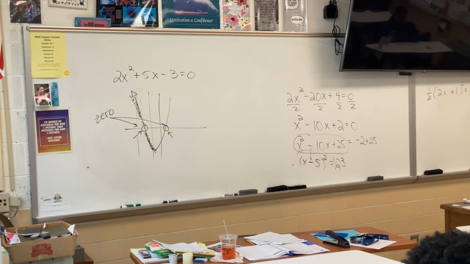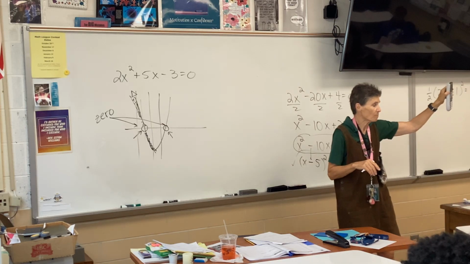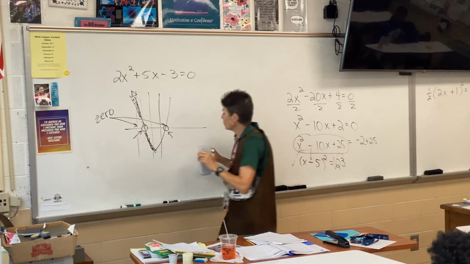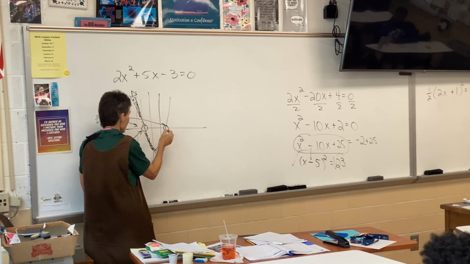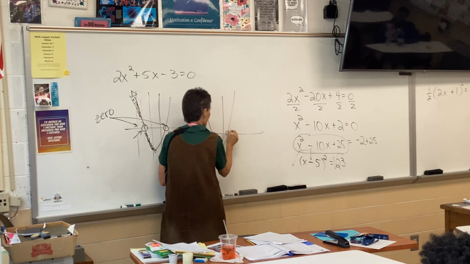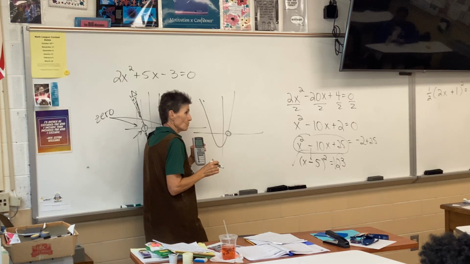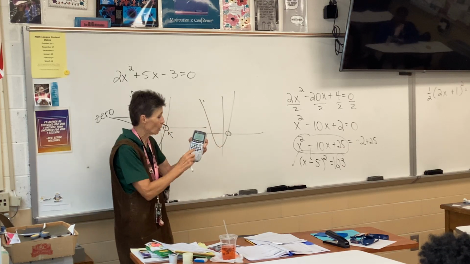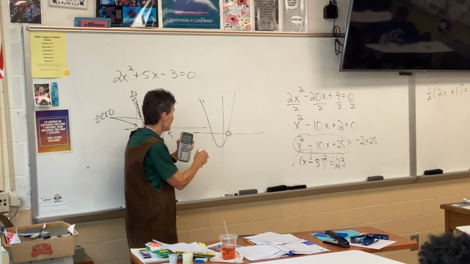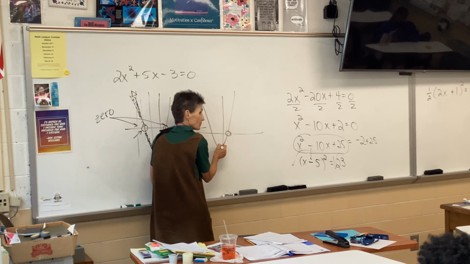Now, I have no idea where your cursor is, it doesn't matter. The calculator is saying left bound. So we need to have our cursor, remember, let me redraw this. This is the point right here that we are finding now. So wherever your cursor is, I don't know which direction you need to go, but use your left and right buttons and get your cursor set so it's somewhere down here, okay?